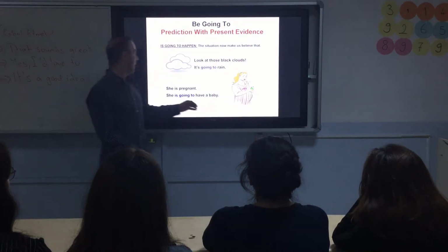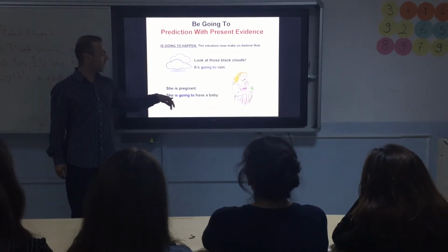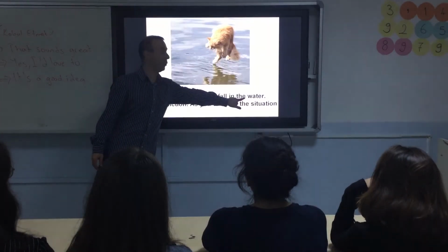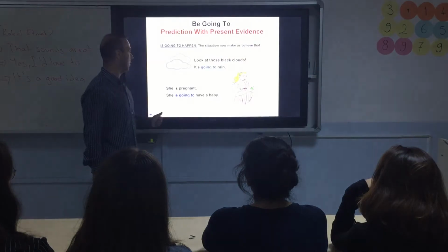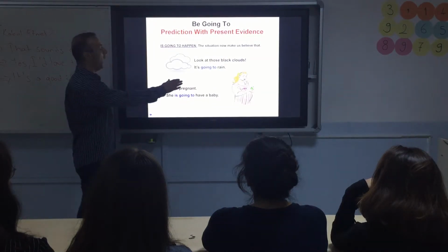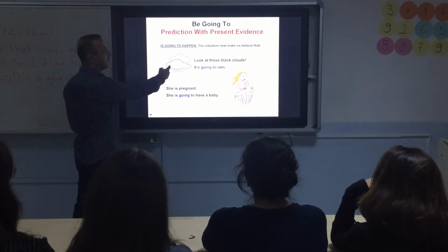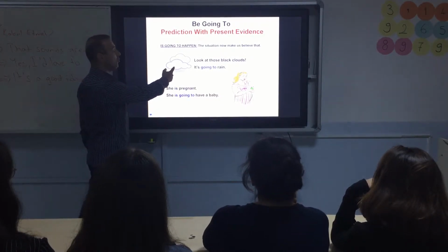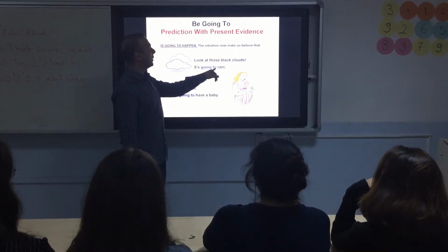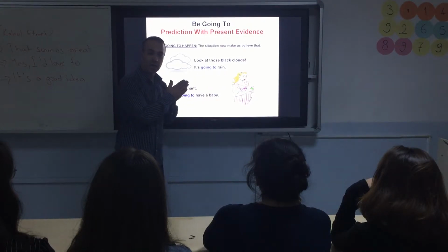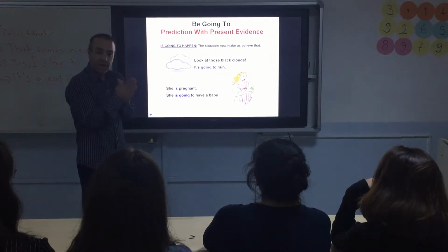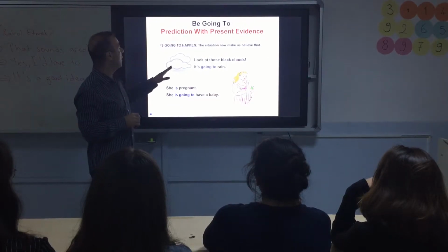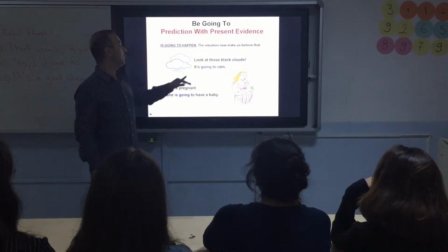Yes. Okay. She is pregnant, she is going to have a baby. This is the evidence of our prediction. And our evidence, these black clouds. These black clouds show us it is going to rain. So this kind of prediction, if there is evidence about our prediction, we use going to.